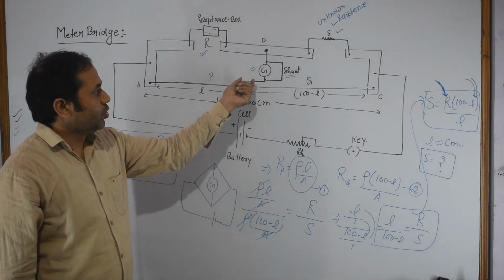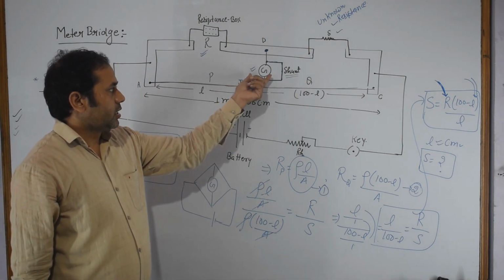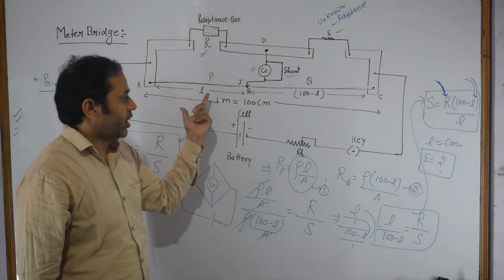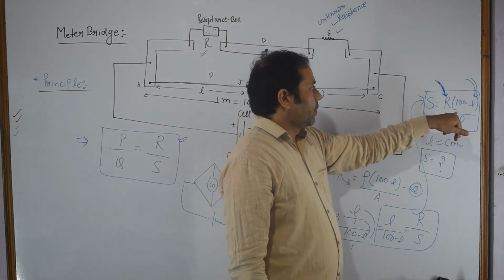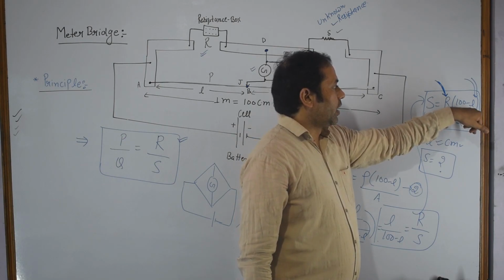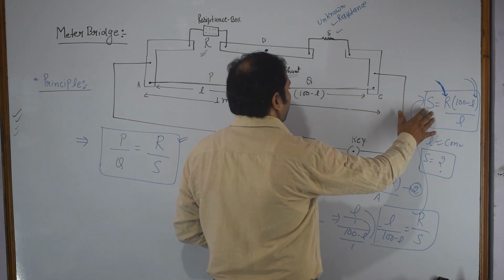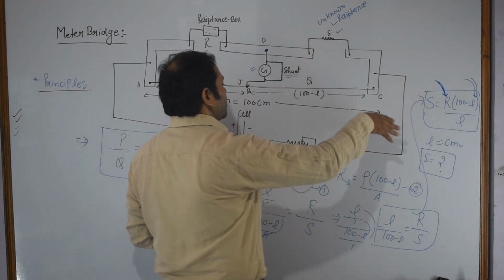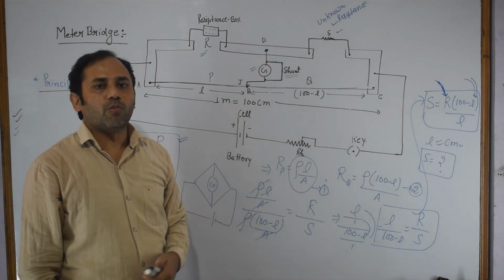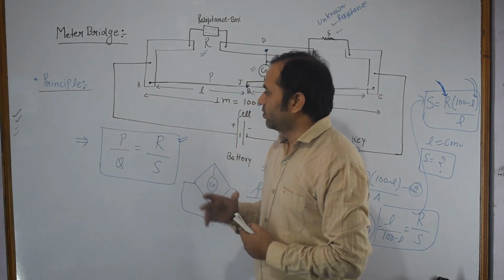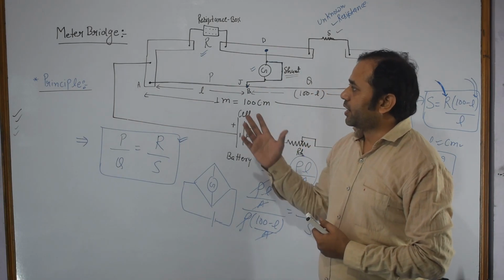At this point the value of L can be calculated, and using the value of L, you find the value of the unknown resistance by using the formula. So students, I think you have learned about the meter bridge.